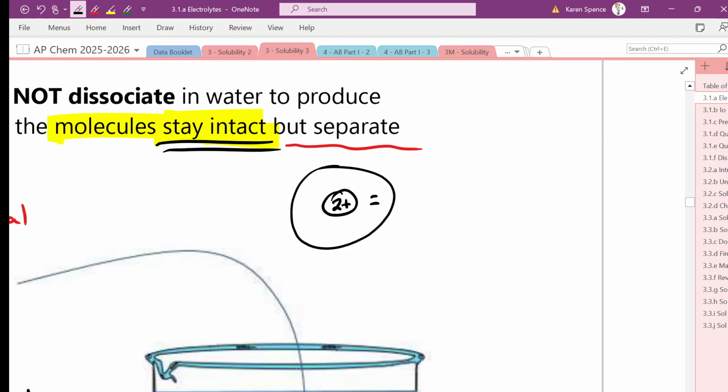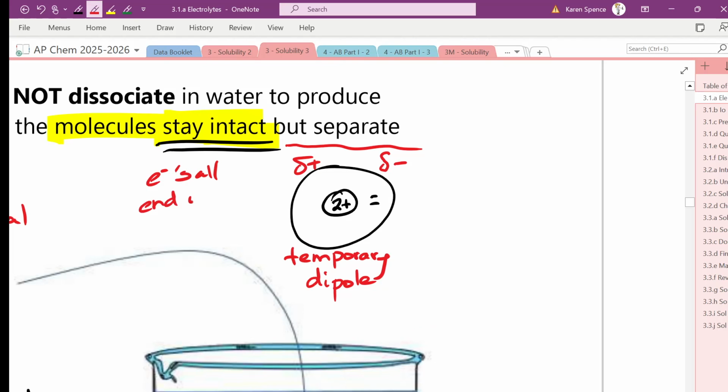Say our 2 electrons end up over on the one side. We have now formed a slightly negative end and a slightly positive end. So this is what we call a what kind of dipole? This is a temporary dipole. Okay, the electrons all end up randomly on one side.